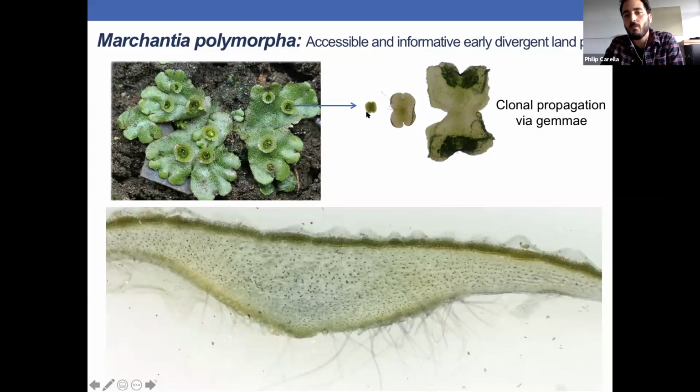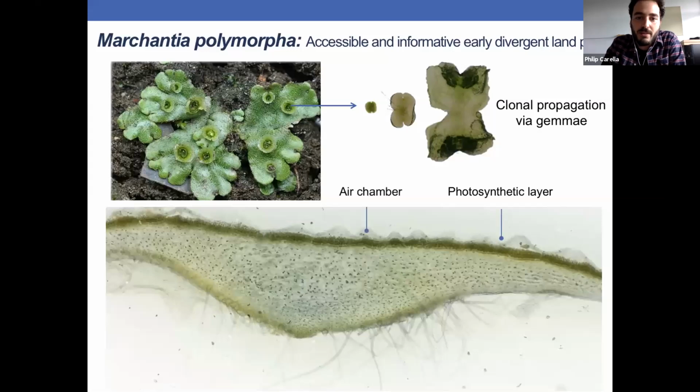This is about 1 week's worth of growth, where you can start to see the tissue pattern developing. If you take a cross section through here, you can see how the tissue is organized in Marchantia. At the top, we have a photosynthetic layer, which houses individual air chambers.